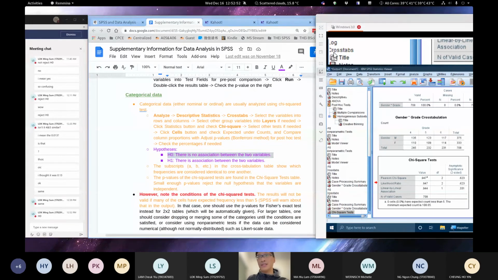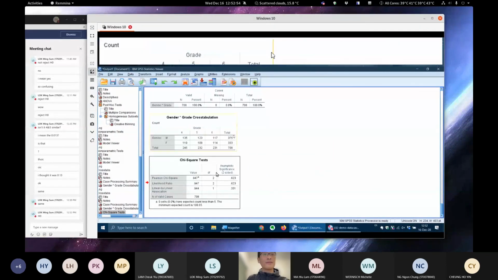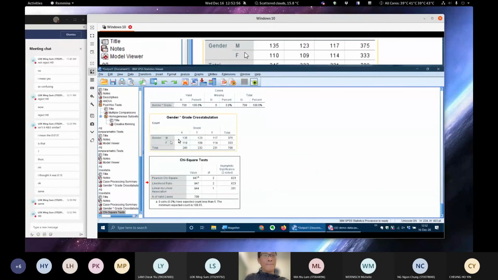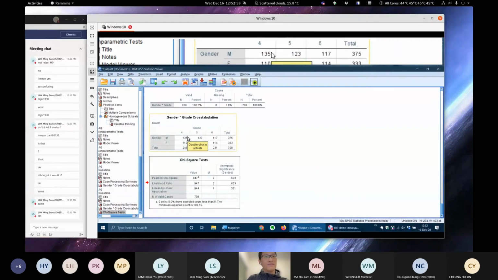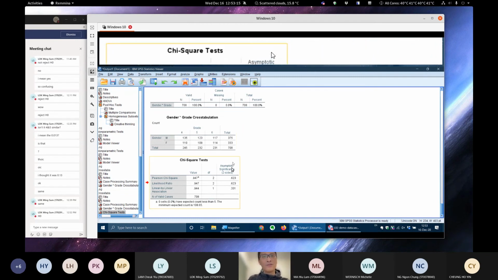Now let's see if this is reasonable. Gender and grade. Supposedly, gender should have nothing to do with the grade of the student, right? So these two variables should not be dependent on each other. So the conclusion here actually makes a lot of sense.